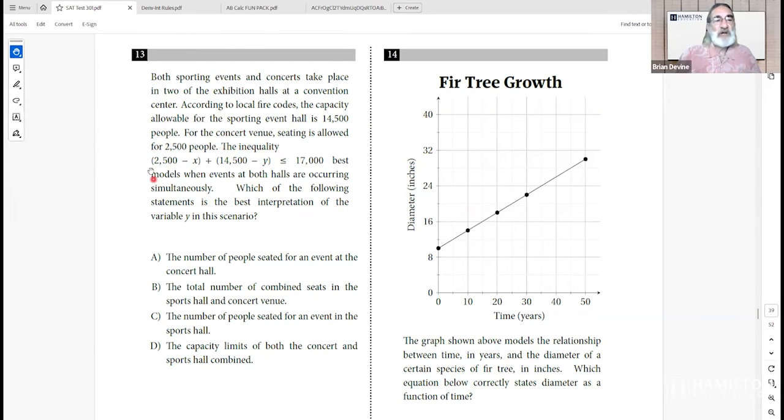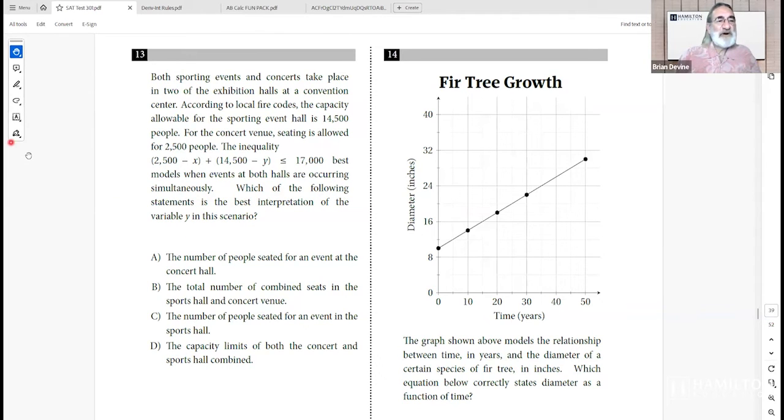And the inequality 2,500 minus x quantity plus 14,500 minus y quantity has to be less than or equal to 17,000. And this best models when events at both halls are occurring at the same time, simultaneously. Which of the following statements is the best interpretation of the variable y?